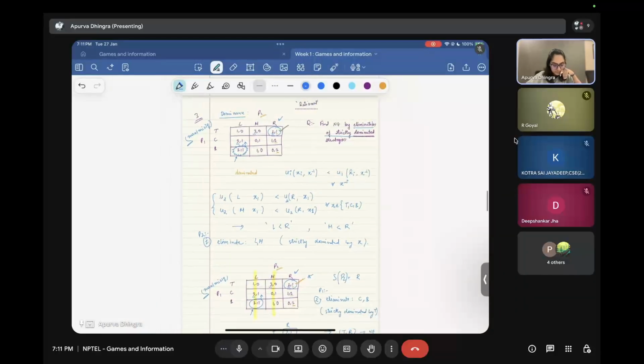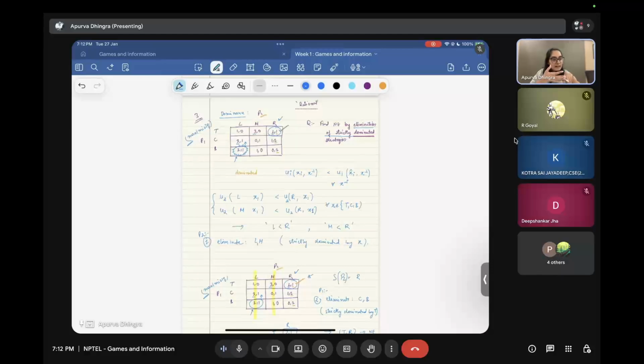Is the process clear? We are first identifying if there are any strictly dominated strategies. If there are, we know that the order in which they are removed doesn't matter. So we just remove them either one by one or all of them together if we want, doesn't matter.